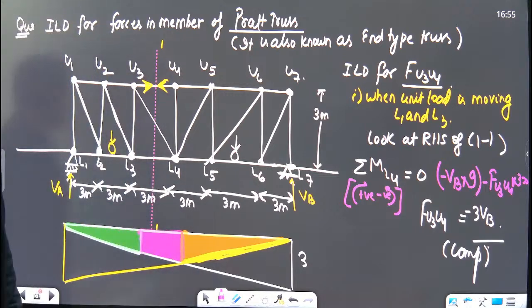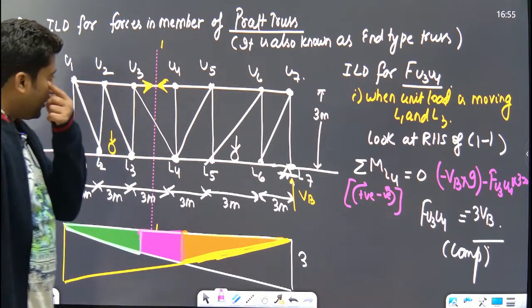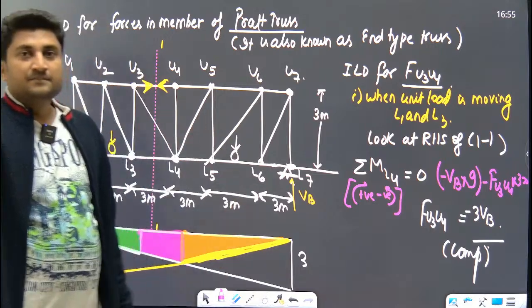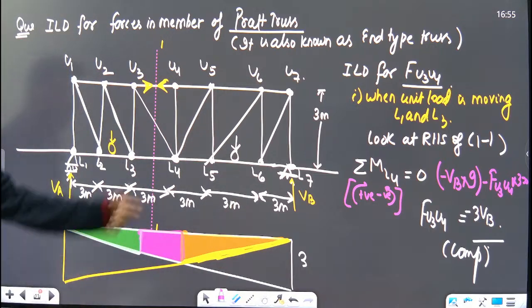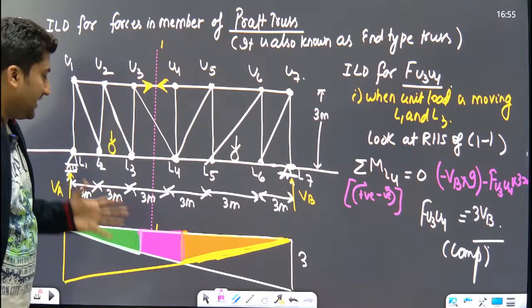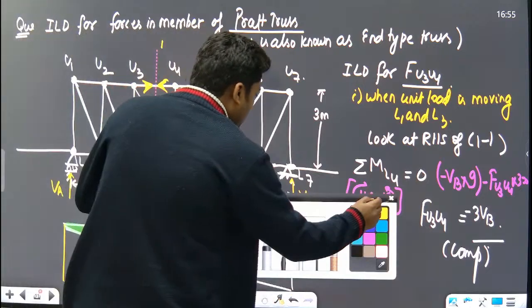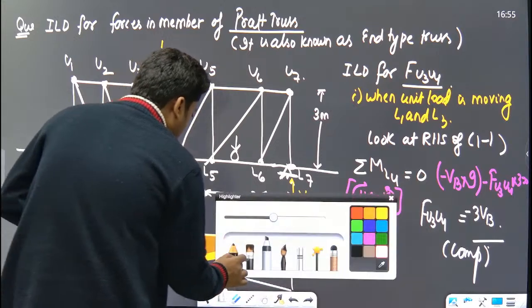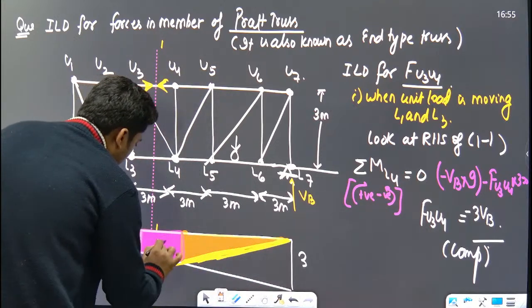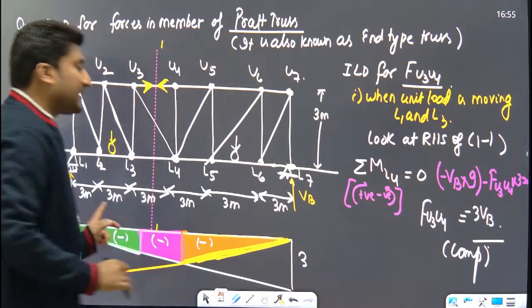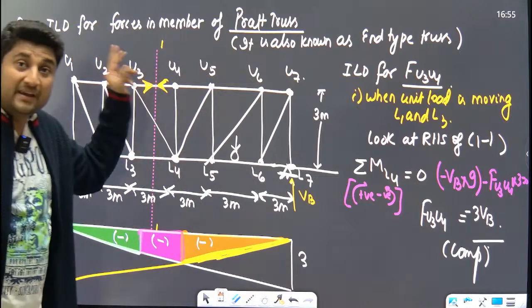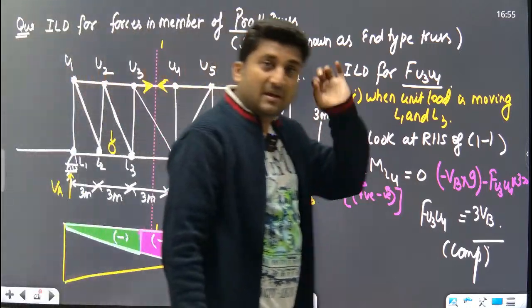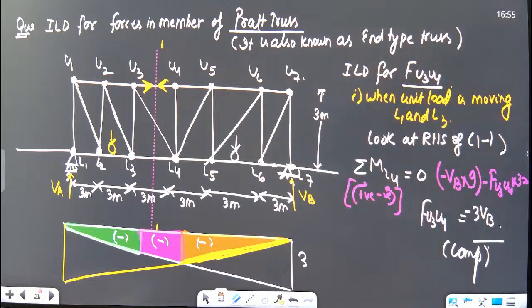So this is the ILD for moving load, and this is the ILD for force in the member U3 U4. So you can see very carefully, whatsoever be the position of unit load, the force in the member U3 U4 is compressive. So these are purely compressive members. Yes or no?